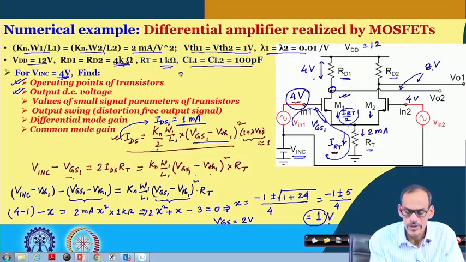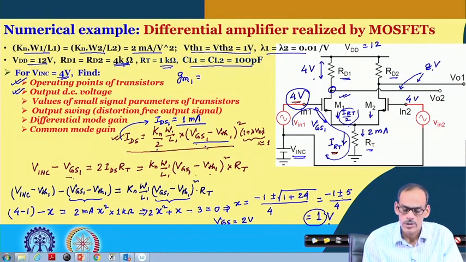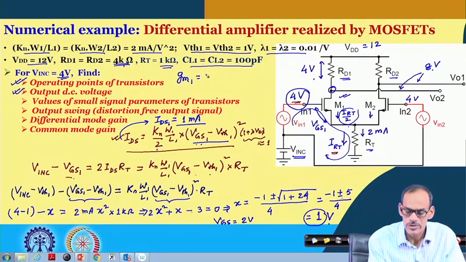Now, we can calculate gm. So, gm1, for the given value of VGS 1 equal to 2, we can calculate gm1 equal to Kn W by L into (VGS minus VTH), and that is equal to 2 milliampere per volt.